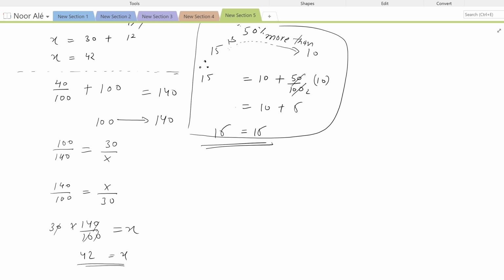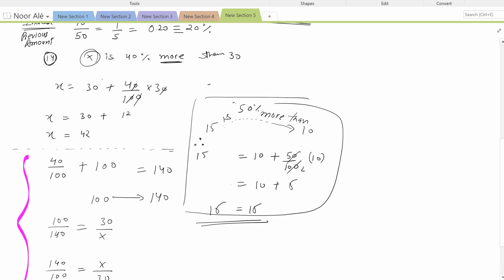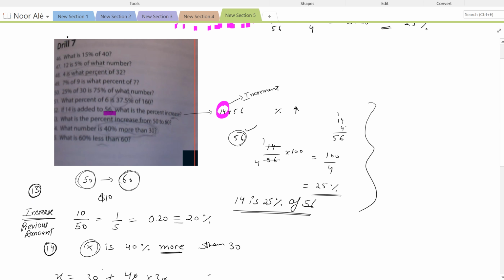And then I guess on that note, we can do the decrease. I think we have 10 minutes less. It's the 55. What is 60% less than 60? All right, let's do the next one. What is 60% less than 60?